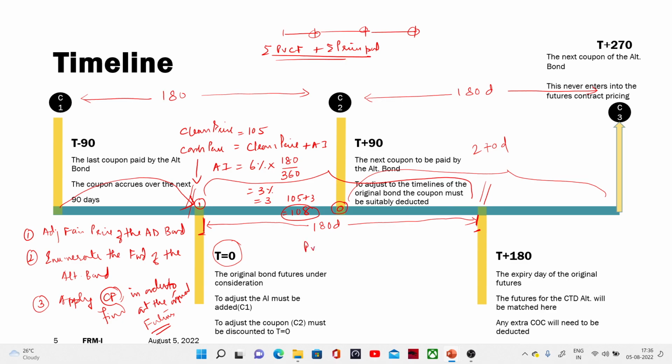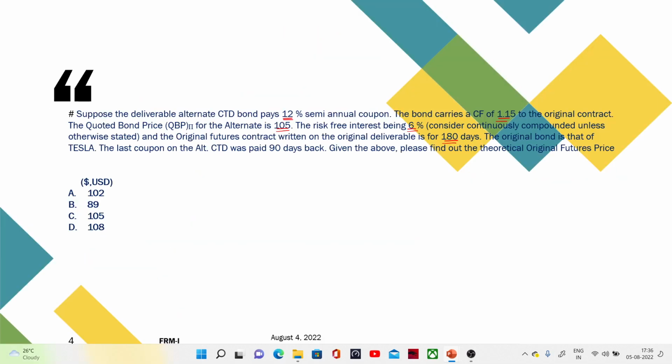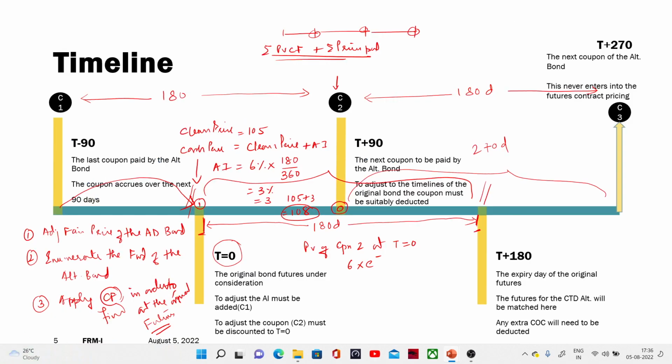So the present value of this particular coupon, coupon number 2, at time t equal to 0, will be 6% multiplied by the discounting factor, which in this case happens to be the 6% rate of interest semi-annually compounded, .06 multiplied by 90 by 365.